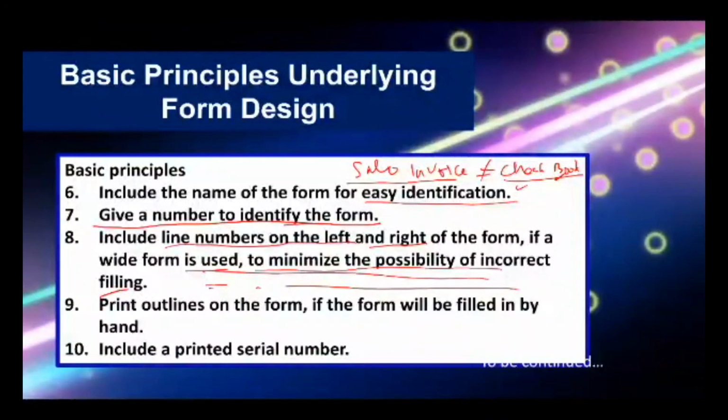So if there is an empty form, you have to make it number 1, number 2, number 3, number 4, and then again number 1, 2, 3, 4 on the other side. So if the form is very wide, you know that this is still in the first line and then the second line and so on.